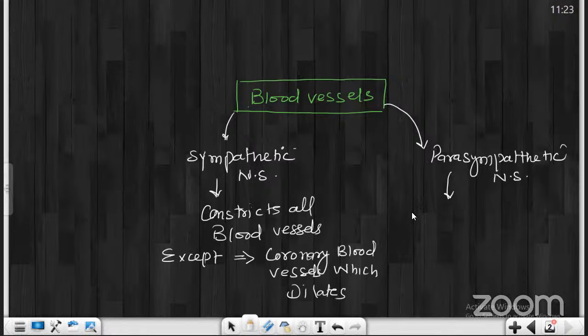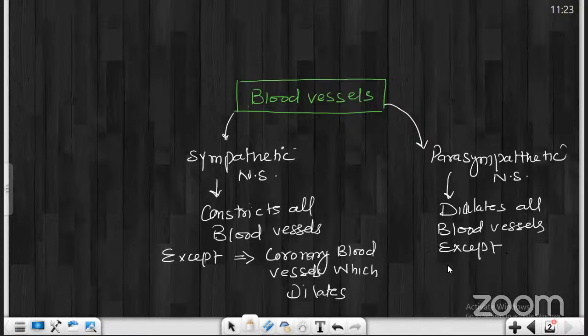That means it will dilate all blood vessels, again except the coronary blood vessels. So when it dilates all blood vessels, it will reduce the blood pressure. So this is the second point.